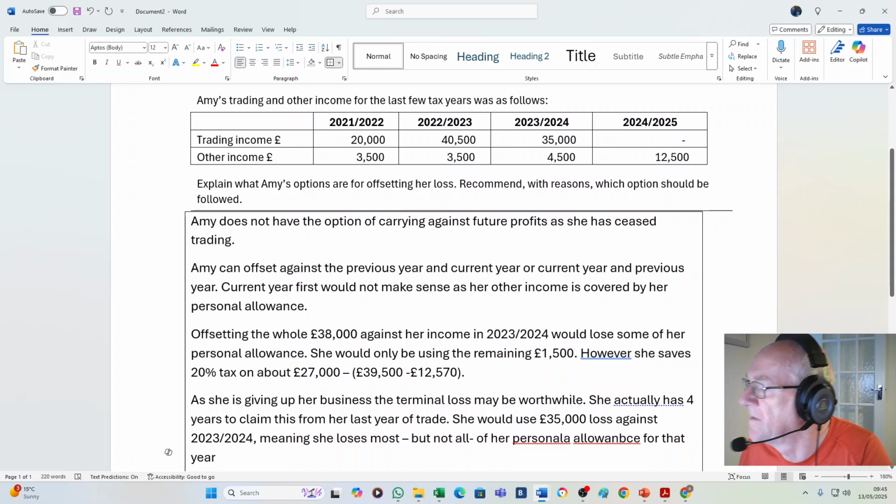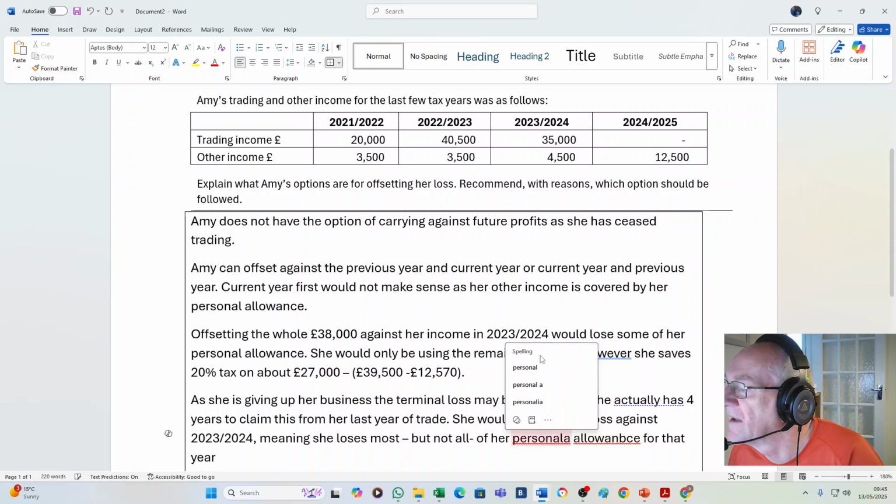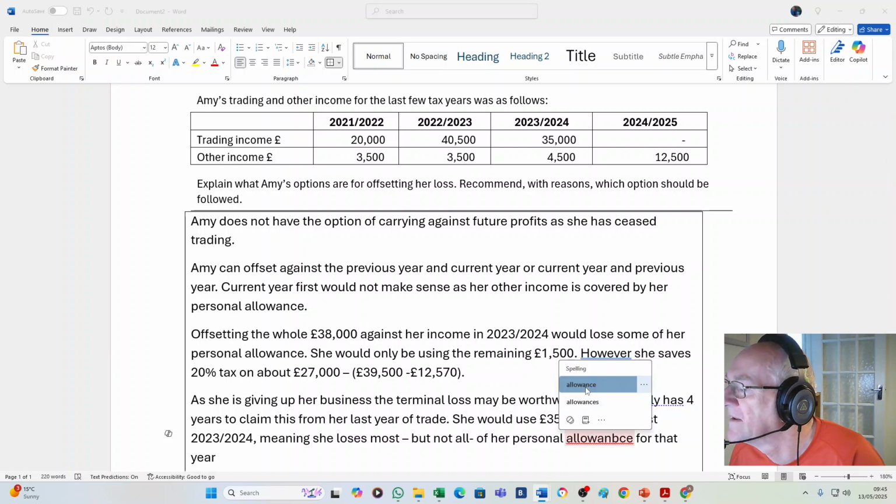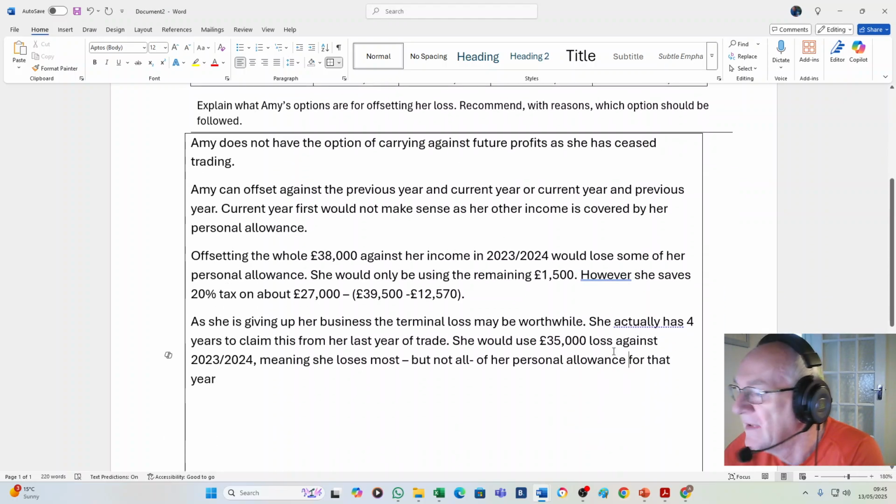So basically she's going to lose the personal allowance, and I was trying to concentrate then because I knew I was making typing mistakes. There we are, we can correct them.